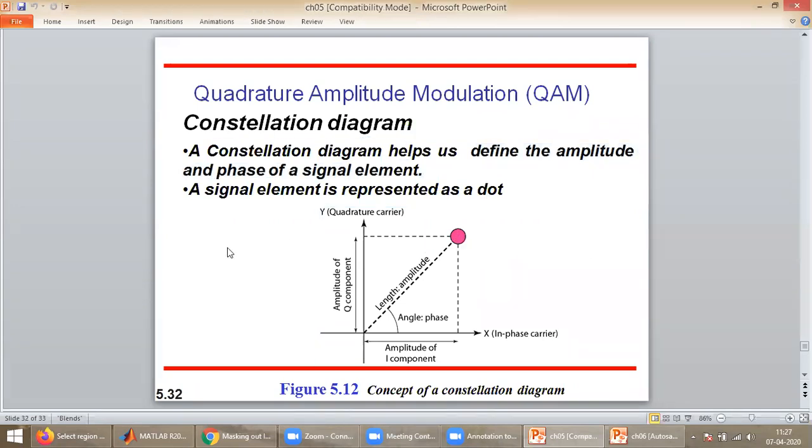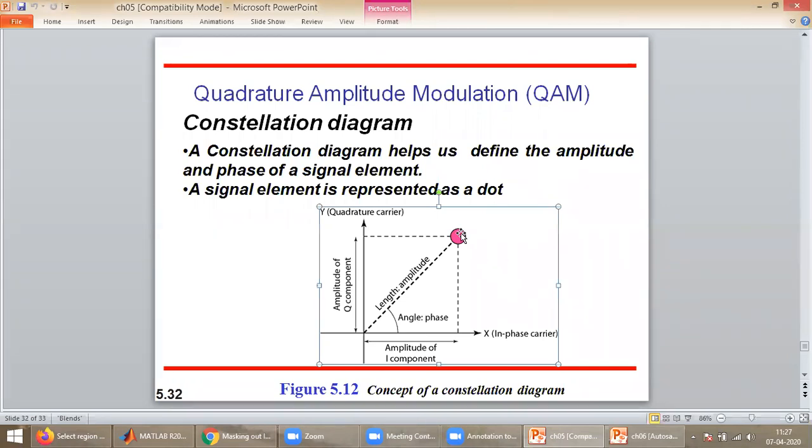Now we'll see how quadrature amplitude modulation uses amplitude and phase value to represent digital data. Be careful, we are using both amplitude and phase value. Suppose this dot indicates a signal element, and 3 cycles represent 1 bit.